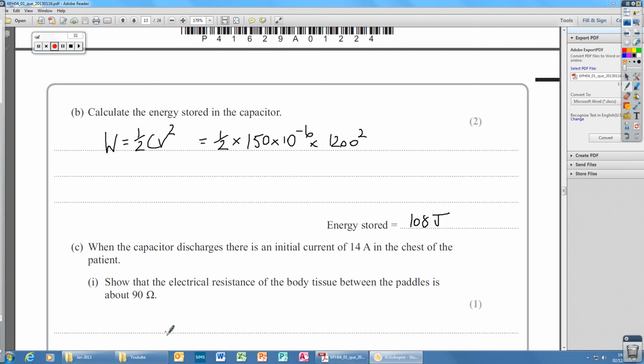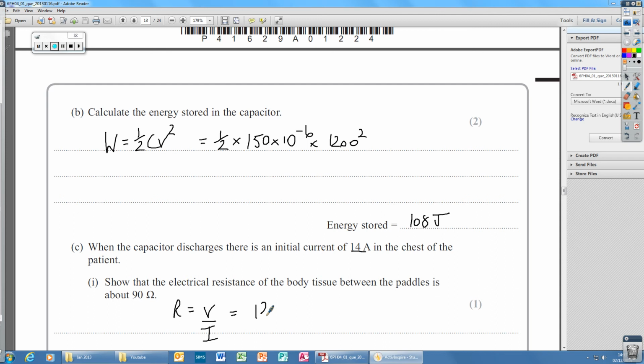Moving on to this one down here. When the capacitor discharges, there's an initial current of 14 amps in the chest of the patient. Show that the electrical resistance is about 90 ohms. Well, I could just simply use Ohm's law there, I think.